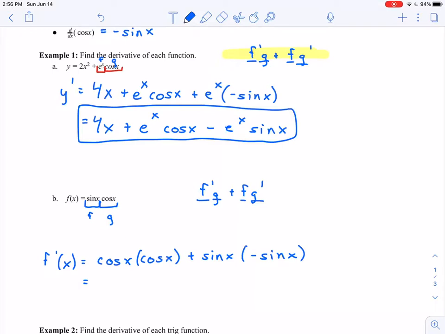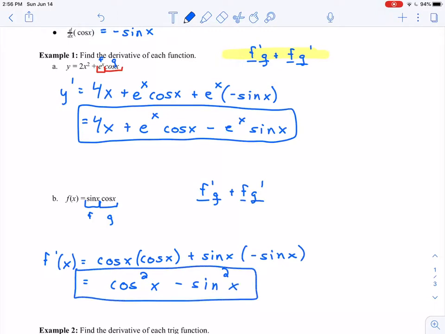Cosine of x times cosine of x, I'll have cosine squared x. And then sine of x times negative sine of x, I'll have negative sine squared x. And this seems like a good place to stop for our solution.